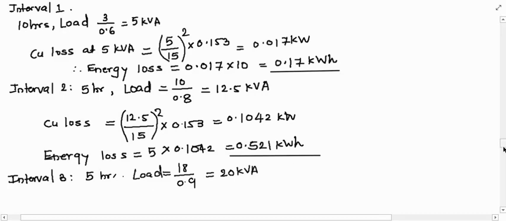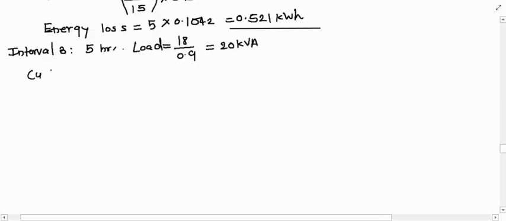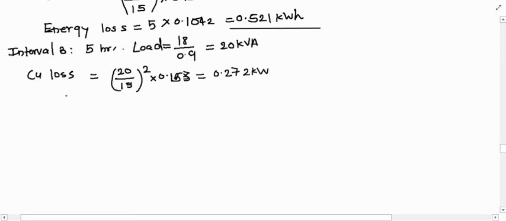Then copper loss equals 20 by 15 whole square into 0.153, that equals 0.272 kilowatt. Then energy loss is 0.272 into 5, so it will be 1.36 kWh.